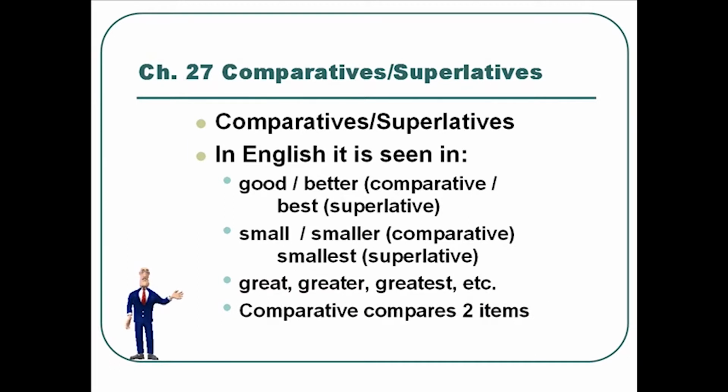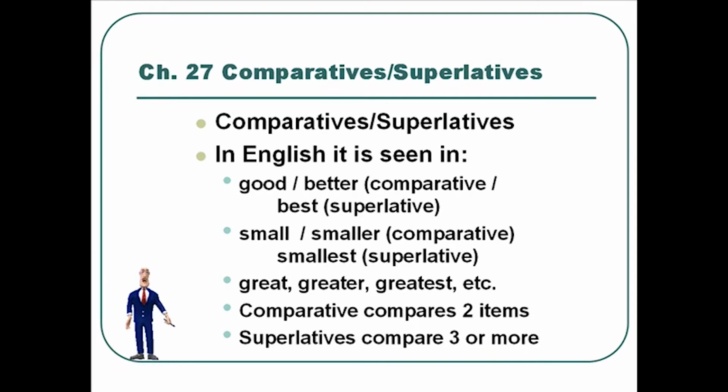Comparative usually compares two items, and so you say this is greater or bigger than that. You're usually comparing two items when you use a comparative with the ER. And the superlatives compare more than two, so this is the biggest of the whole group.